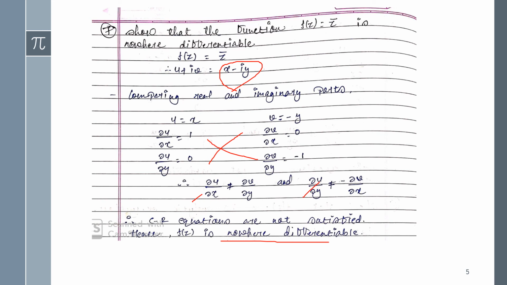Again repeating, to show differentiability you have to move with the same procedure: first of all you find the CR equations, then analyticity, and then differentiability. As you are seeing here, the CR equations are not satisfied. It means the given function is not analytic, and based on that we can say the given function is not differentiable.